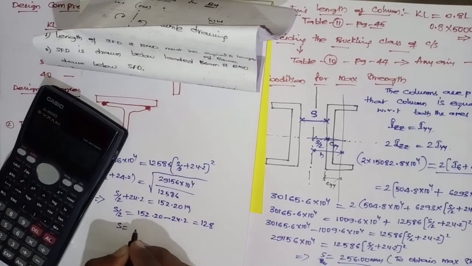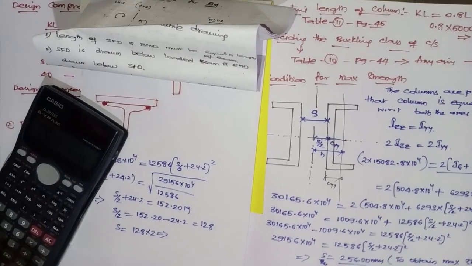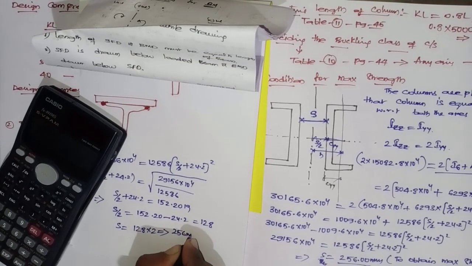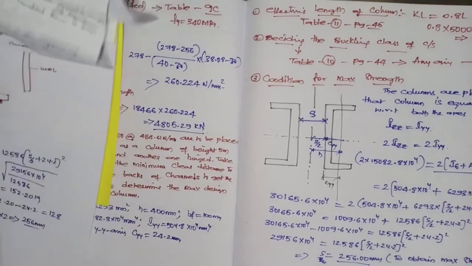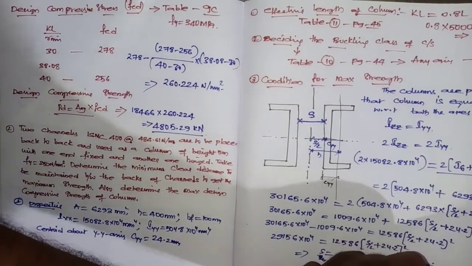So S equals 128 into 2, so 256. Like that I got this. This is the distance to be provided to obtain the maximum strength.